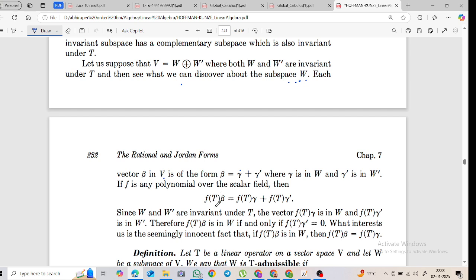And we know that f(T) beta is f(T) gamma plus f(T) gamma prime. Now this is in W prime and this is in W, right? Because if W is invariant under T, then it is invariant under any polynomial in T.